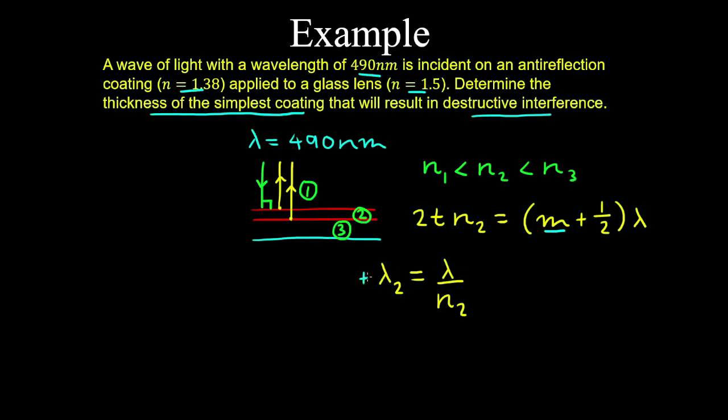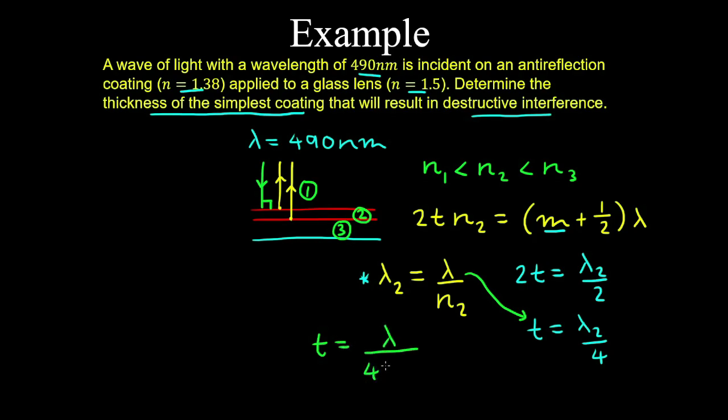So using this relationship, we can write 2t is 1/2 by lambda 2. And therefore the thickness of the coating will be lambda 2 on 4. So if we substitute for lambda 2, we'd get t is lambda on 4n2.